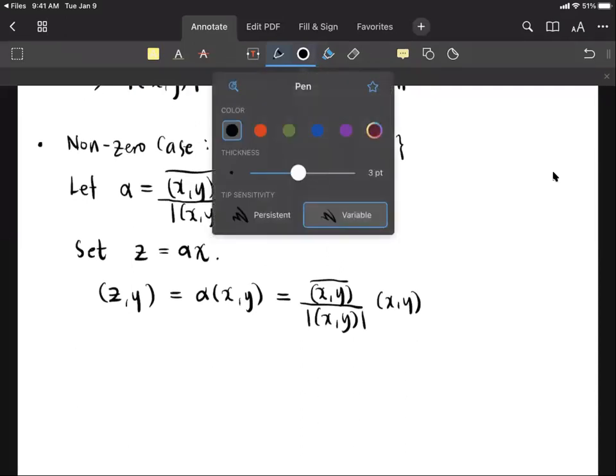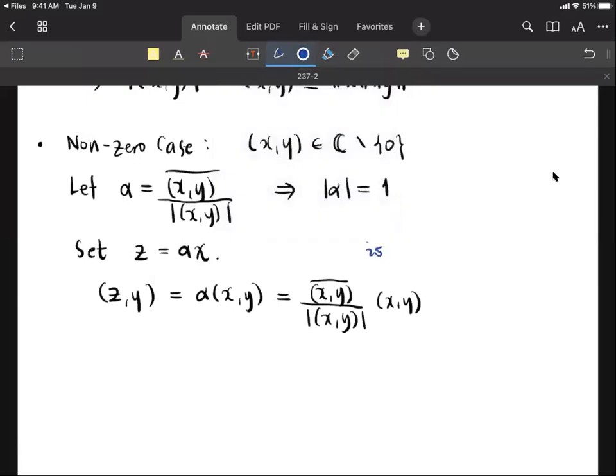Now you should recall that the product of a complex number and its conjugate is the magnitude squared. So in this, we will get the magnitude of the inner product of x and y. Okay. Since the inner product is non-zero, it has a positive magnitude.